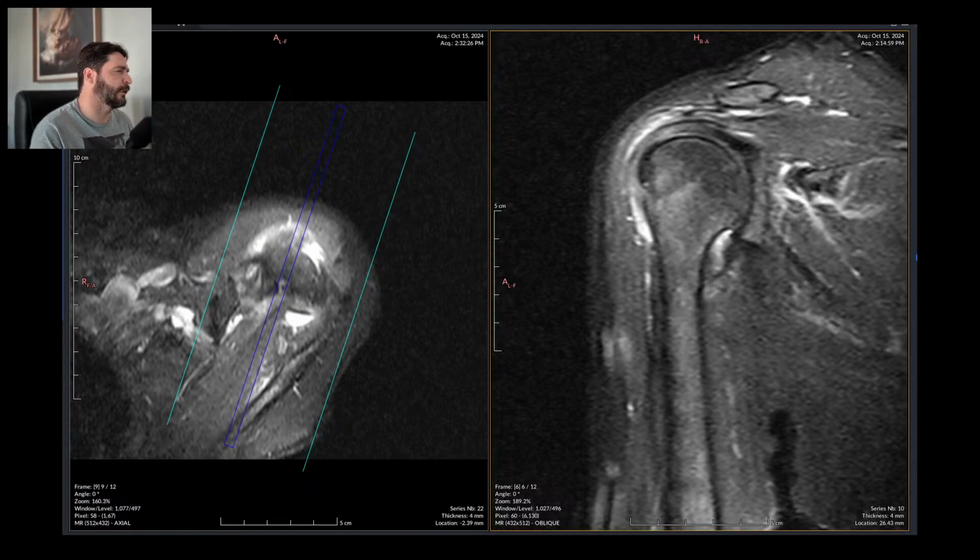And we have a distension extended subcoracoid joint recess. Also, we have a distended subacromial subdeltoid bursa. We have a partial tear of the supraspinatus and the infraspinatus tendons.